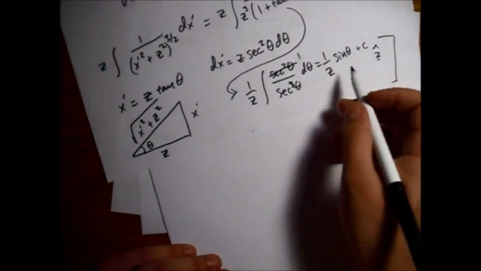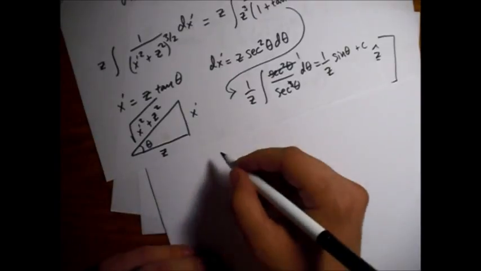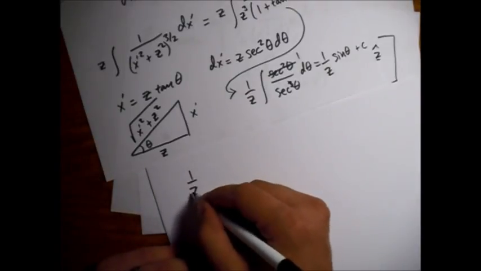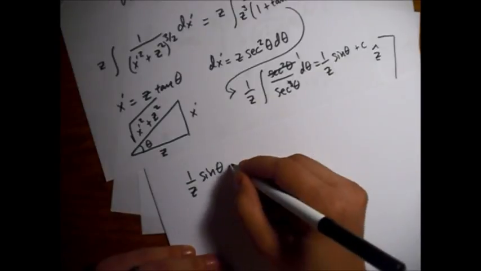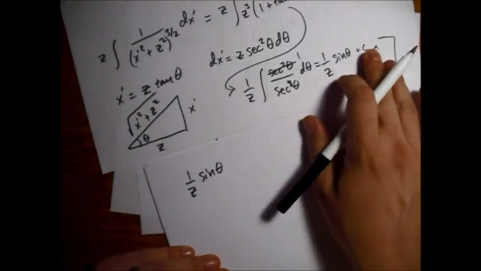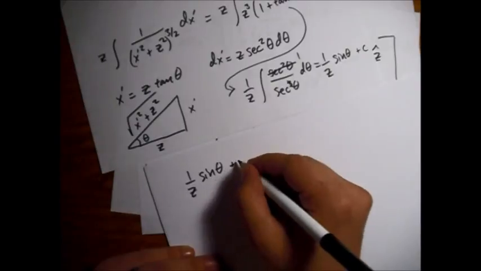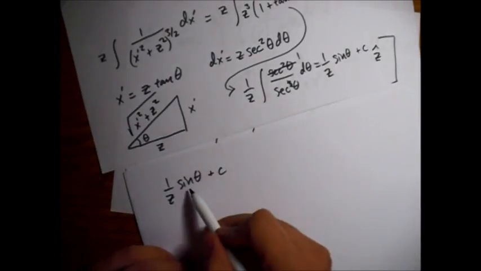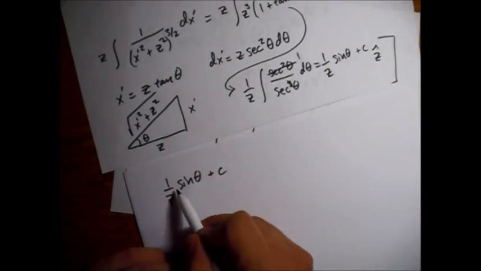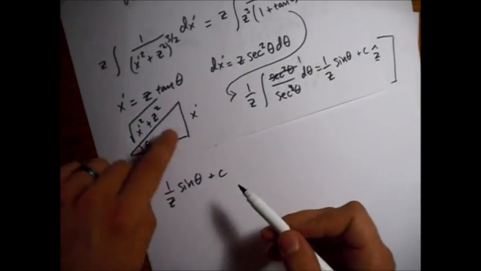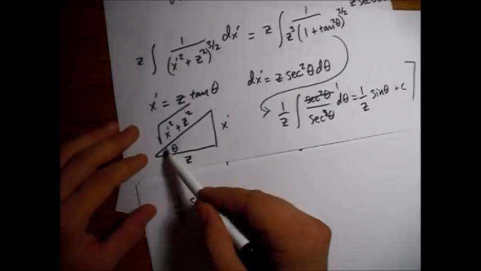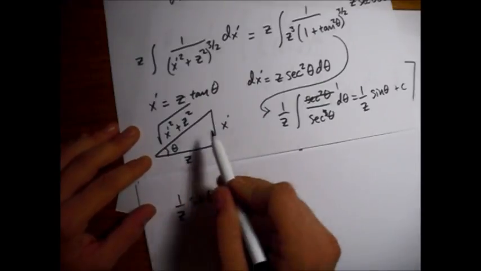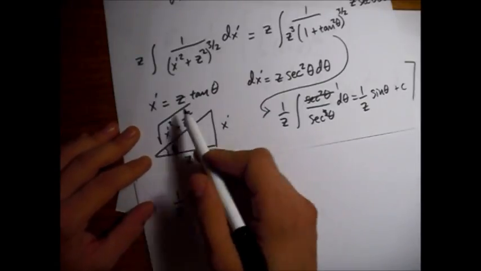So now we come back and we substitute in our last line. There's our constant. All right, now we want to substitute back in to get back our x's and z's from this sine. So we take a look again at this angle, and the sine of this angle is just this side over the hypotenuse.